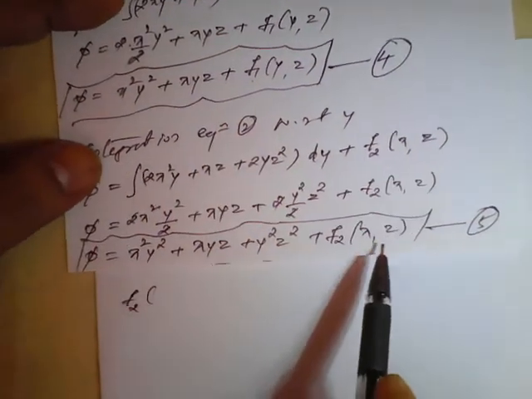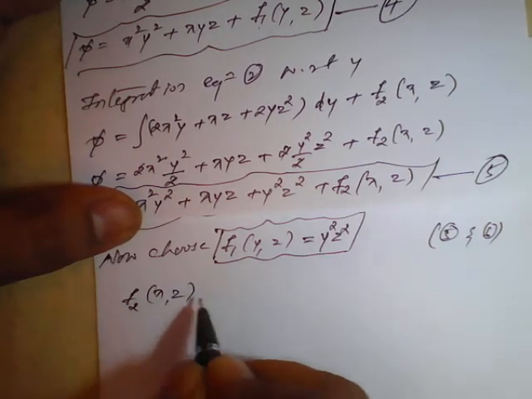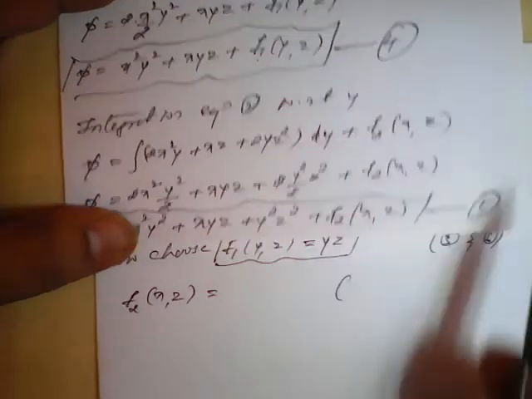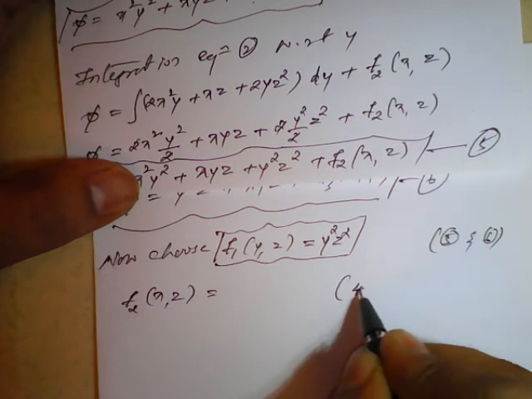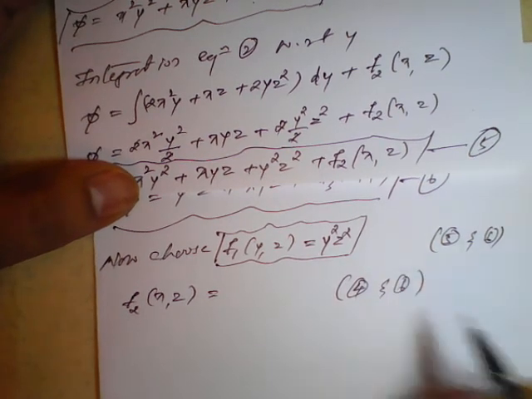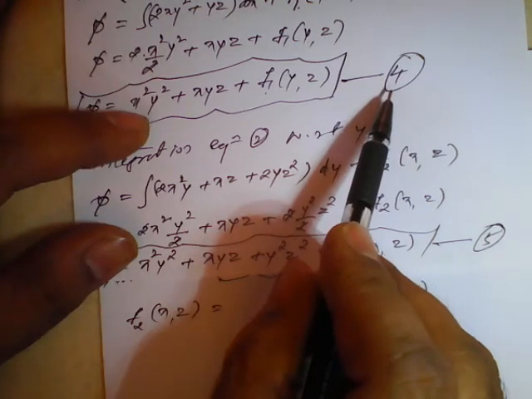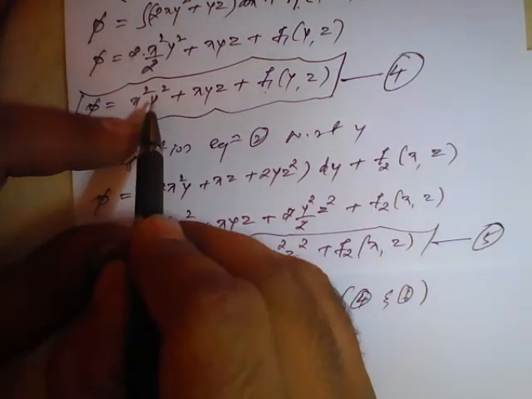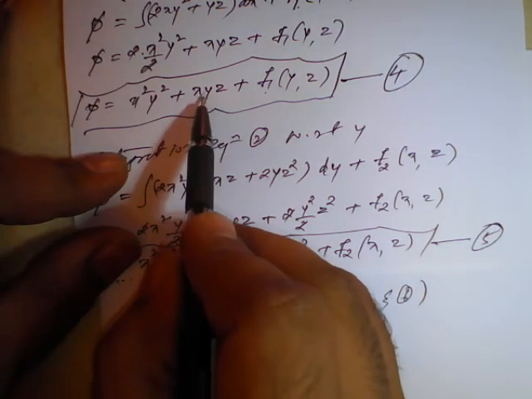Similarly, to choose f2 of xz, we have to choose from equation 4 and 6. In equation 4 we need to see the term free from y. Here we have y, we have to neglect it. Here also we have y, we have to leave it.